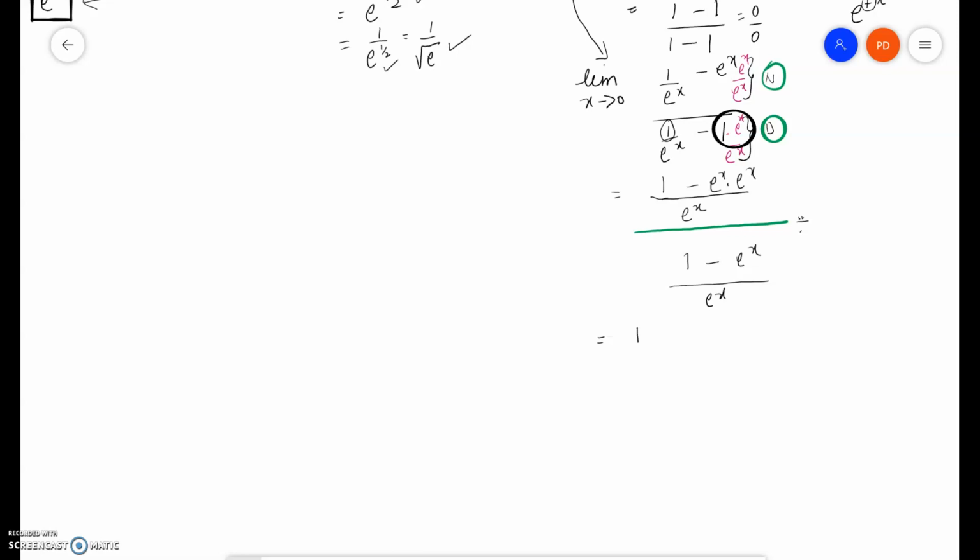So we have 1 minus e to the x times e to the x over e to the x, divided by 1 minus e to the x over e to the x.